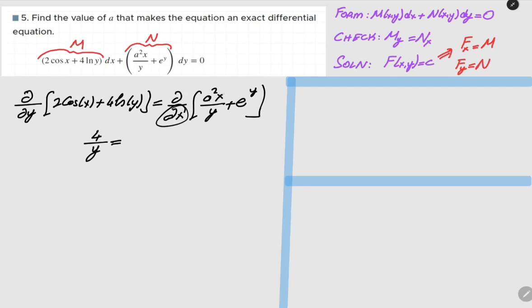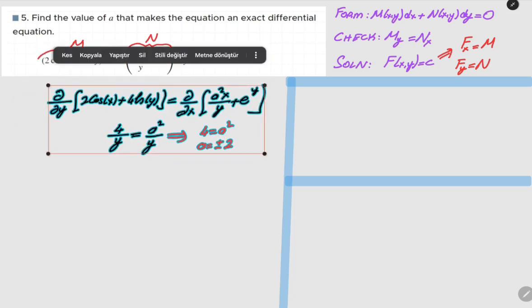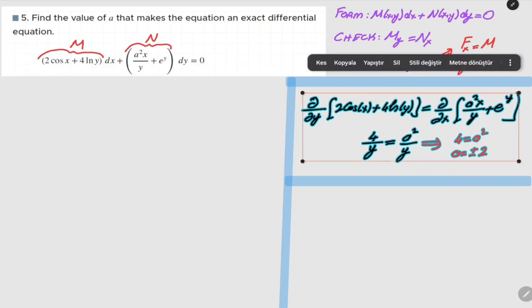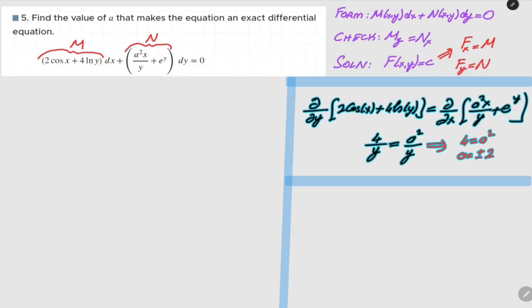And the derivative of x is 1, and we get a squared over y. Accordingly, 4 is equal to a squared, and we find a is equal to plus or minus 2. So we have found our value of a, and let's put this in our checkbox.